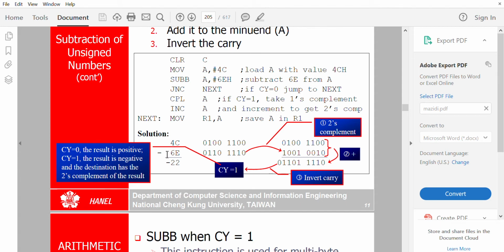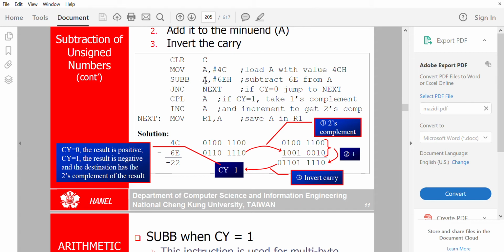Then subtract 6C from 4C by using the instruction SUBB A comma #6CH. So 4C, which is in the accumulator, minus 6C, which is the source with immediate addressing, and the result will be stored in the accumulator.